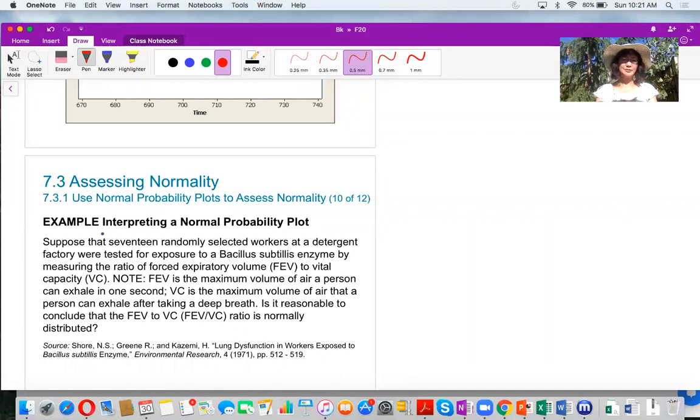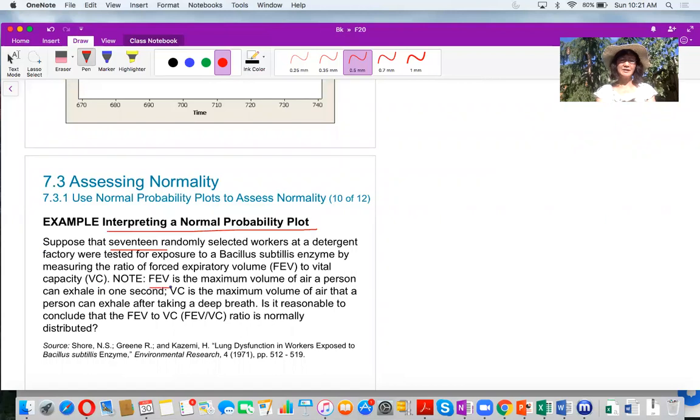Another example for normal probability plot. Suppose that 17 randomly selected workers at a detergent factory were tested for exposure to a Bacillus subtilis enzyme by measuring the ratio of forced expiratory volume to vital capacity.